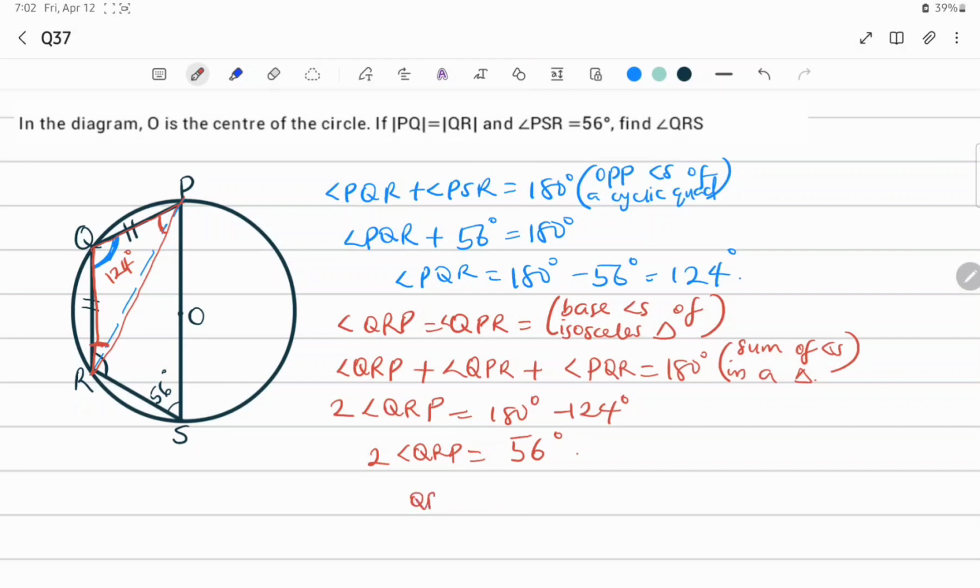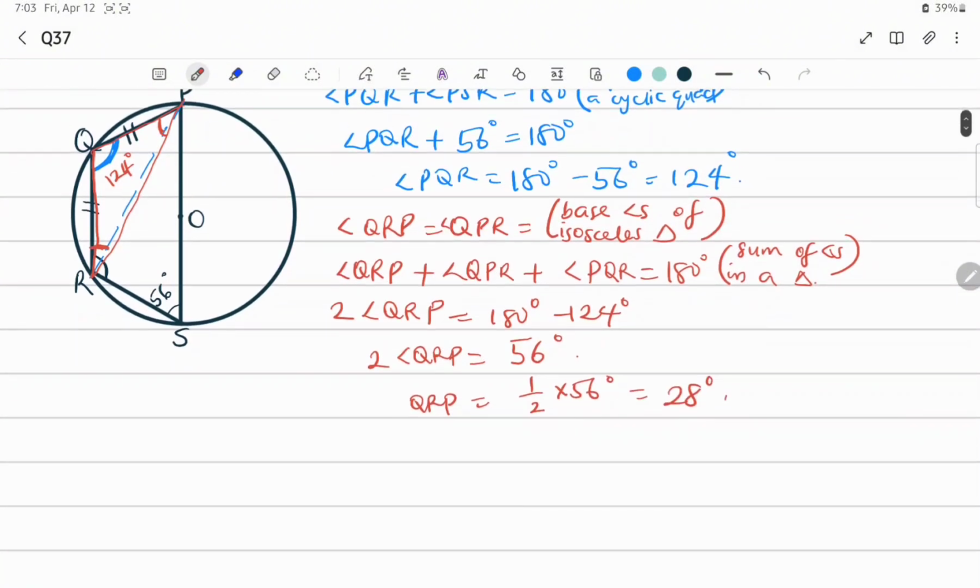That means QRP will be equal to half of 56 degrees, which is 28 degrees. Now, since I know my QRP, then I automatically know what QPR is as well, which is 28 degrees. So we just found this angle and this angle.